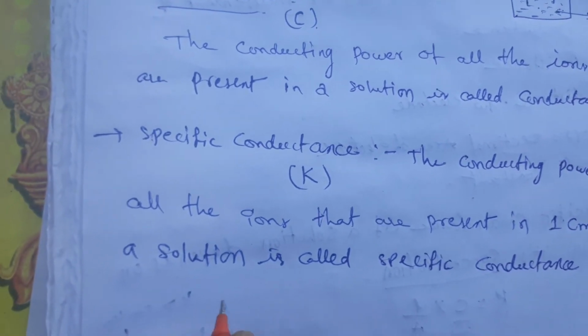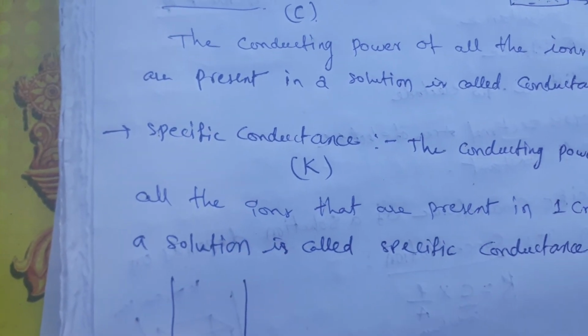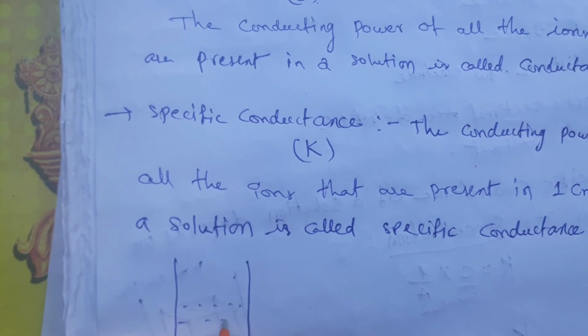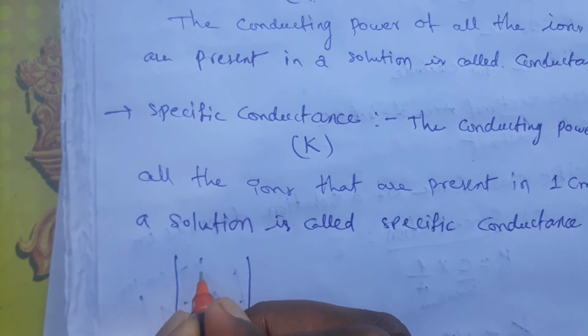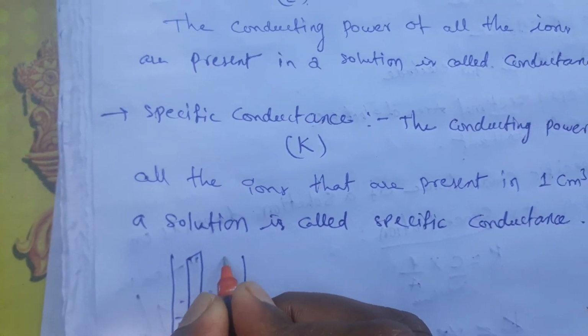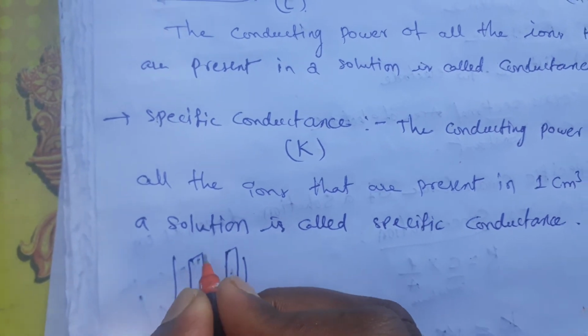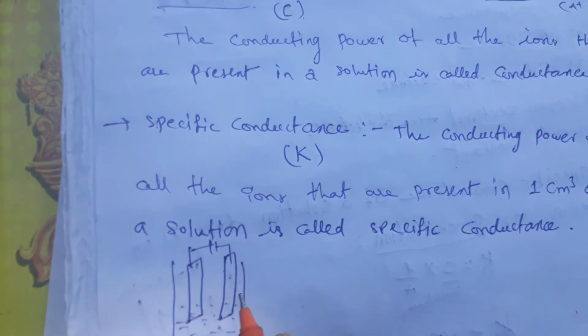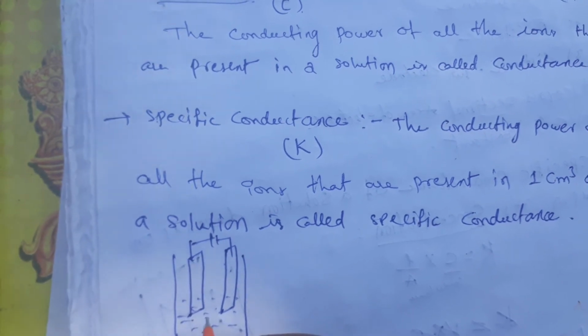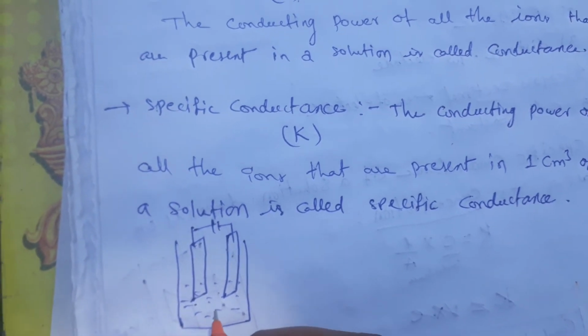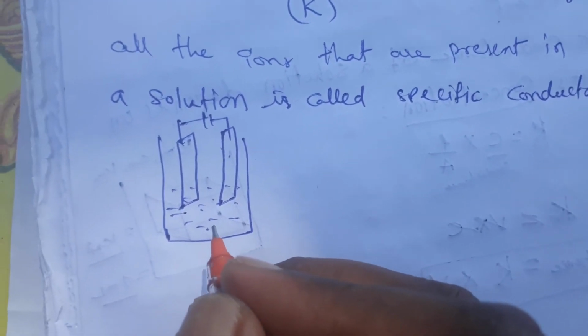What is the meaning of this? If you take the beaker and insert some electrodes having some cross sectional area, and there is a distance between the two electrodes, that we call length.